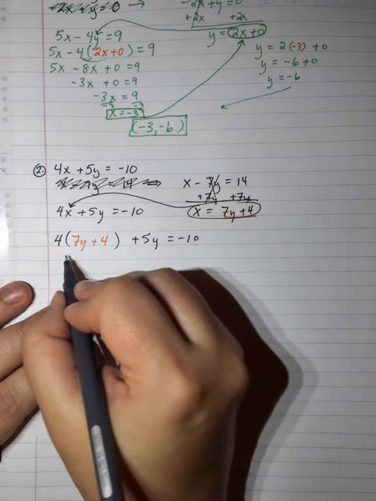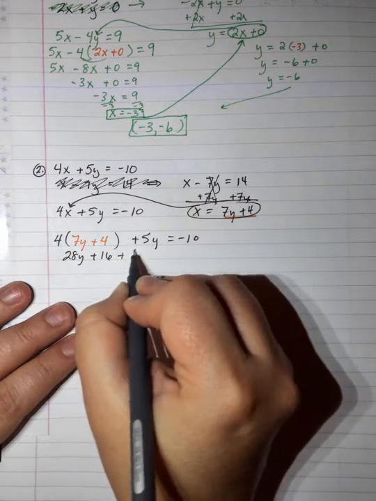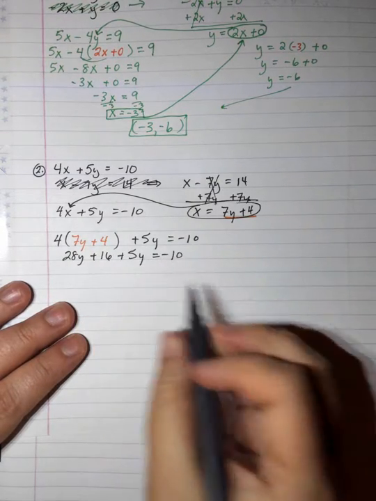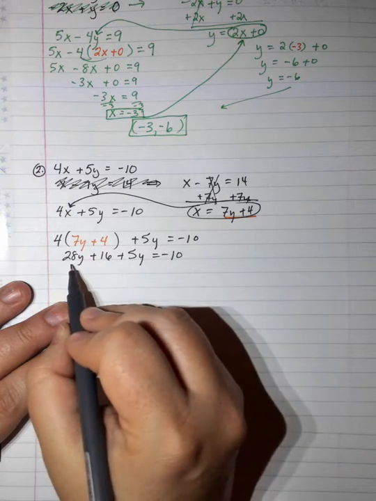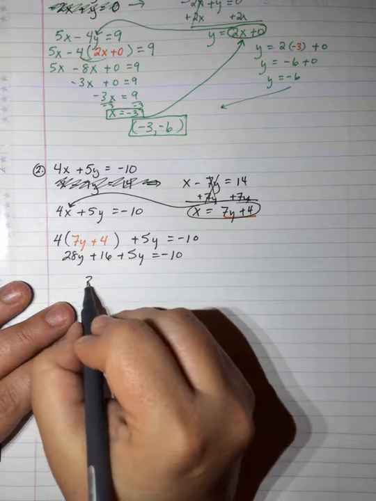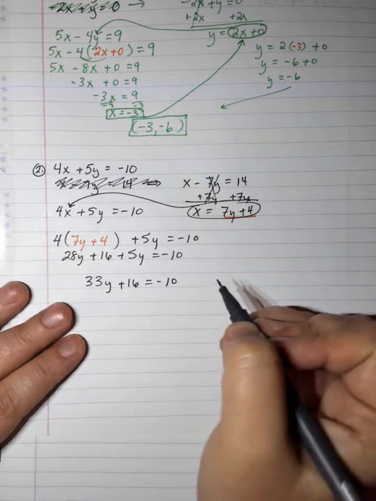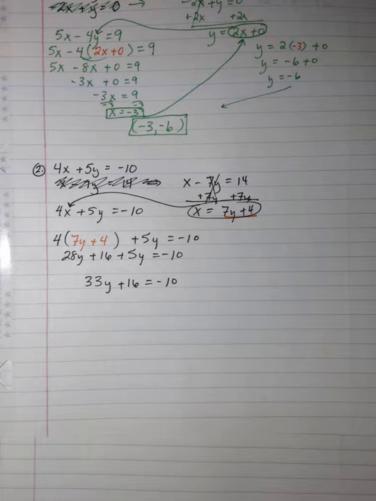4 times 7, 28y. 4 times 4 is 16. Bring everything else down. Remember, combine your like terms. 28y plus 3y is on the same side. 28 plus 3, well that's 33y plus 16 equals negative 10. I'm going to have to back up here just a little bit because I caught a mistake.